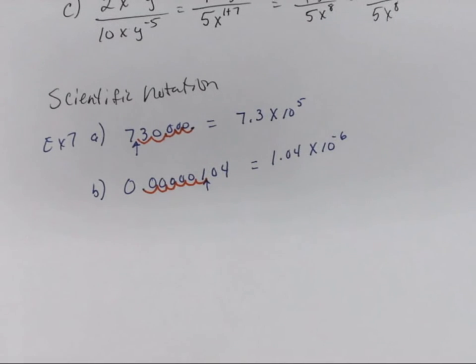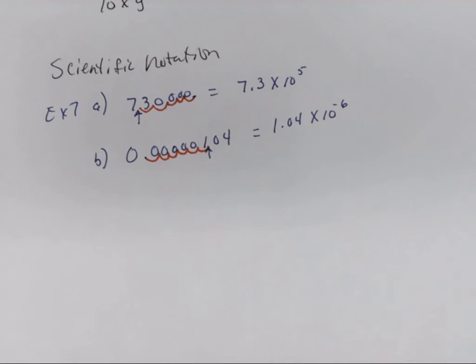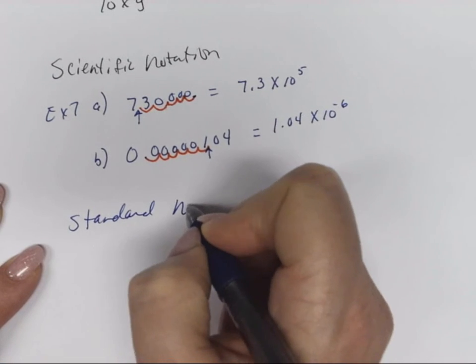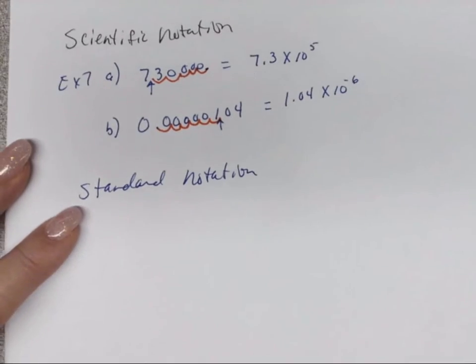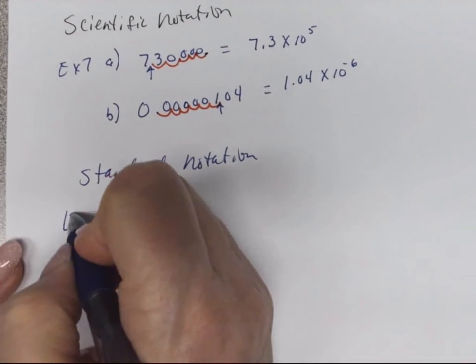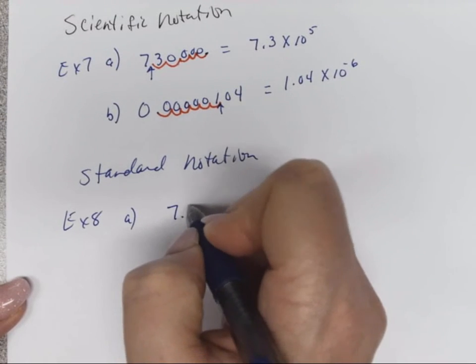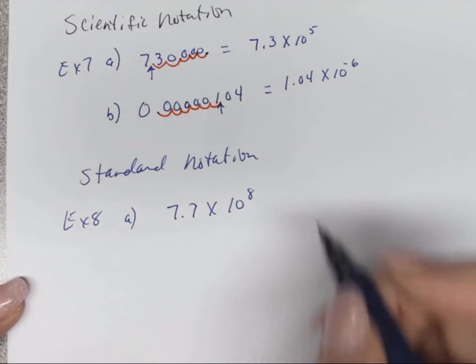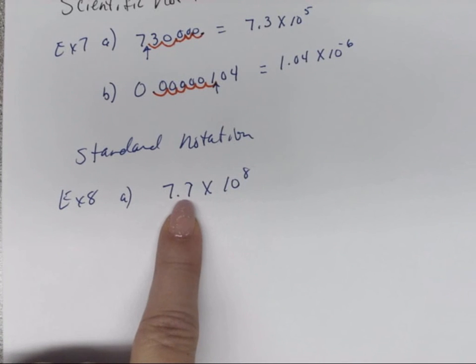Alrighty. The other way that we can do our numbers is standard notation. Basically that is taking our scientific notation and going backwards. If we look at example 8, if we're given a number of 7.7 times 10 to the 8th, because the exponent was positive, it's going to be a bigger number.